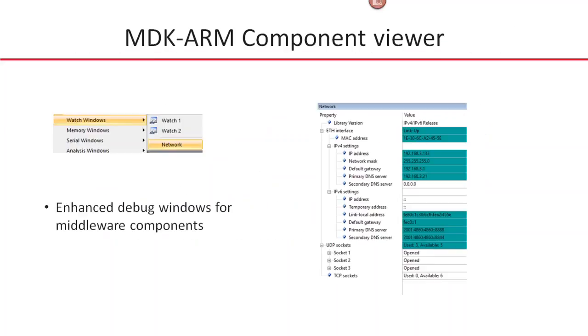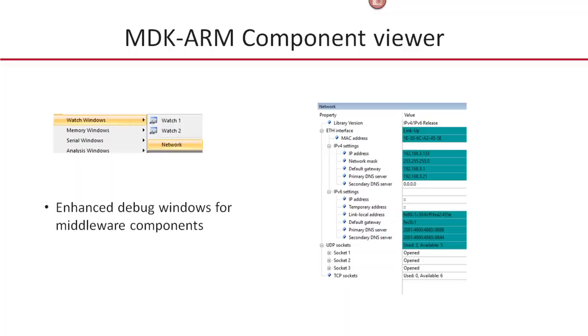There are some interesting new debug features built into MDK-ARM as well. There's a new component viewer that supports both RTOS v2 and the ARM Keil middleware libraries. This can be opened under the View Watch windows, and then you have additional selections depending on the RTOS or middleware that you're using.